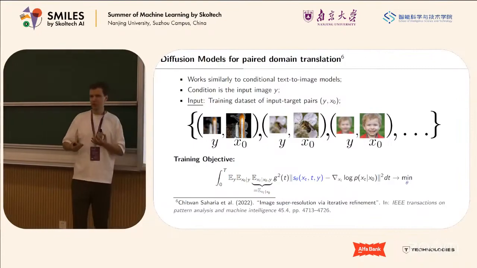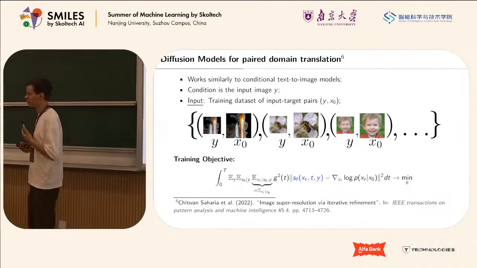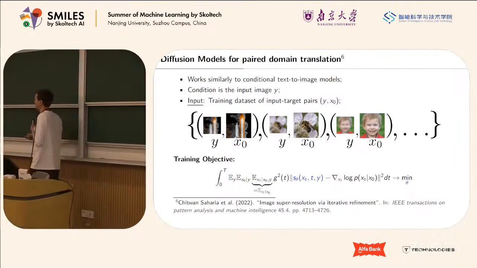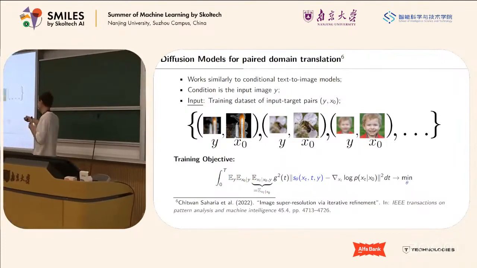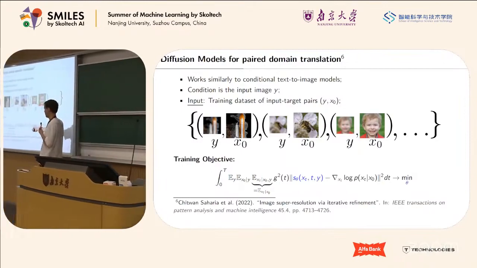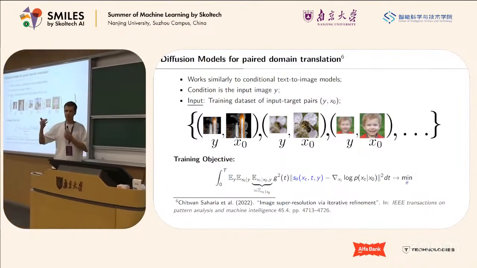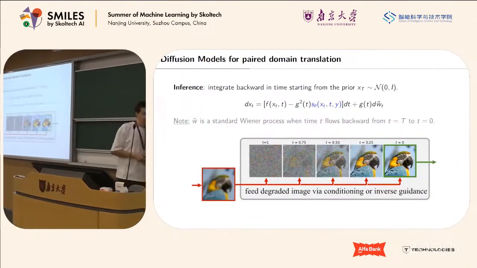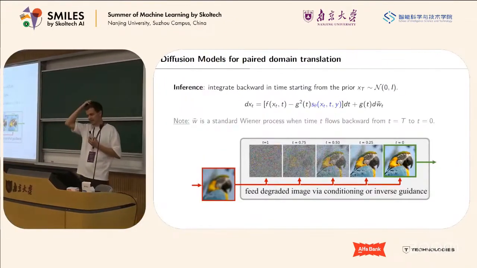But when you manage to solve this regression problem, you can do conditional generation in the sense that for each input image y, you know the score function of the data denoising process, and you can model it numerically by the Euler-Maruyama scheme. So this is how inference in such models works.